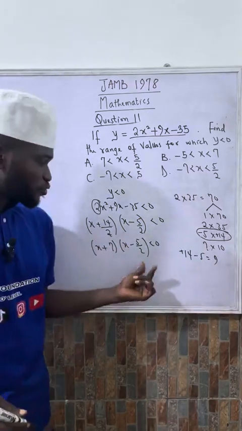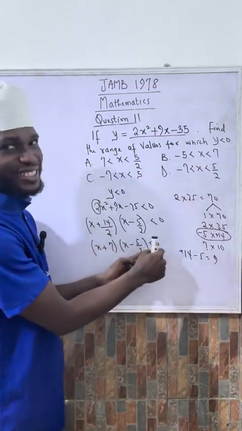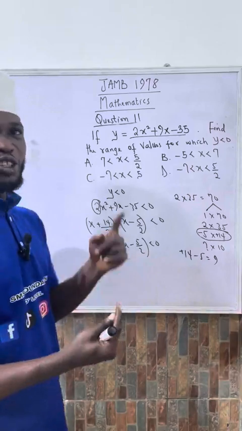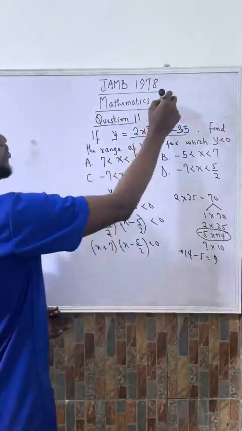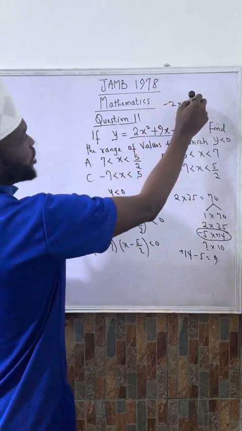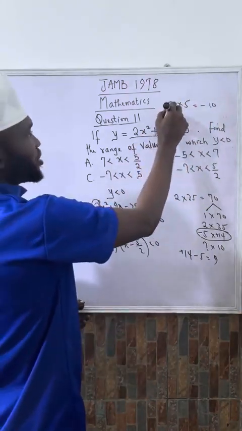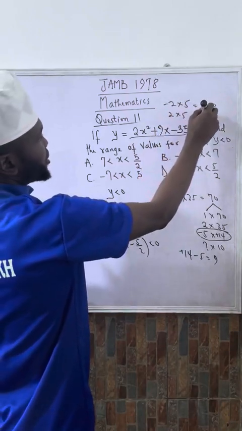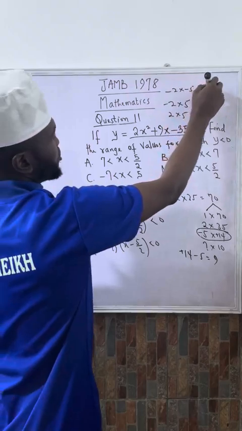Now, if you have two numbers multiplying themselves to get something less than 0, it means one of those numbers must be negative and the other positive. For example, minus 2 times 5 will give you minus 10. But if both are positive, like 2 times 5, that gives positive 10. If both are negative, that will still give you positive 10.